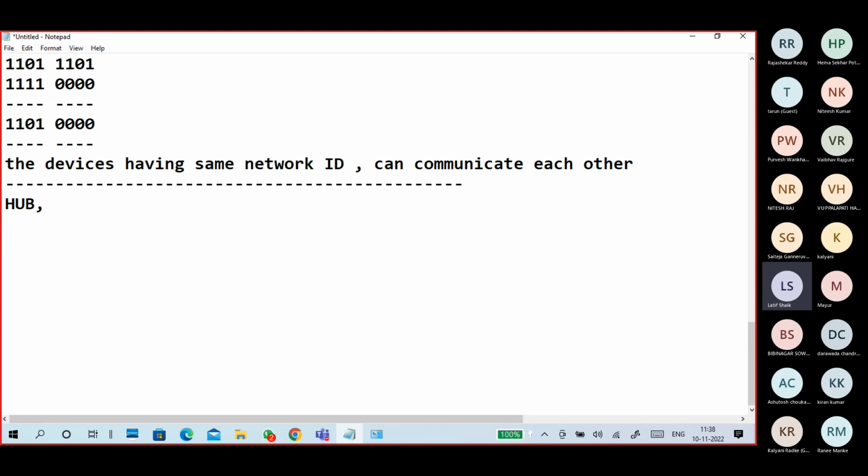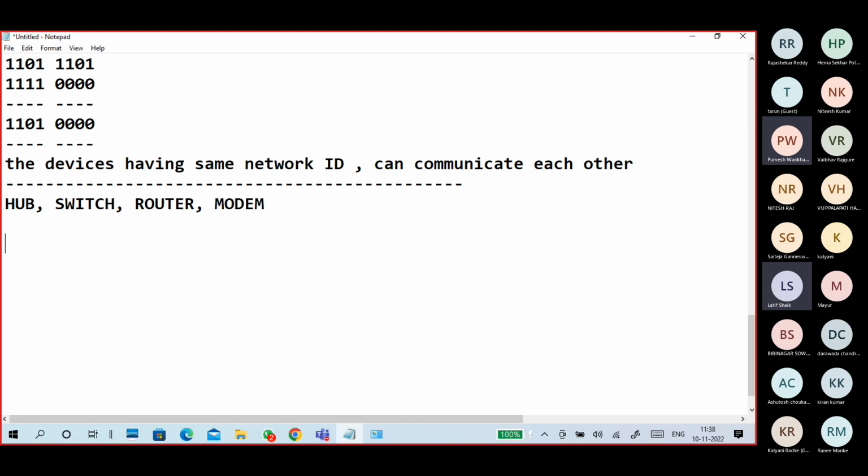Hub, switch, router, modem, right? 4 major devices. Okay. In any interview, what is the first question? What is hub?